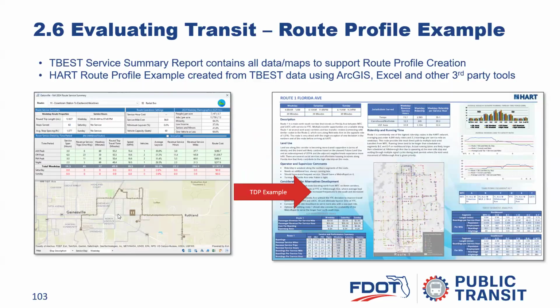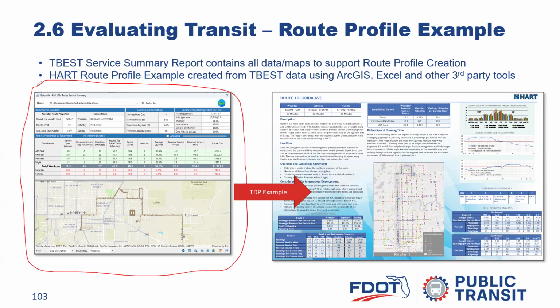Okay, so here's an example of using the route service summary tool. So this is our Gatorville on the left, just an example route service summary. And a lot of the tools and data that I just showed you can be rolled up into a nice graphic.